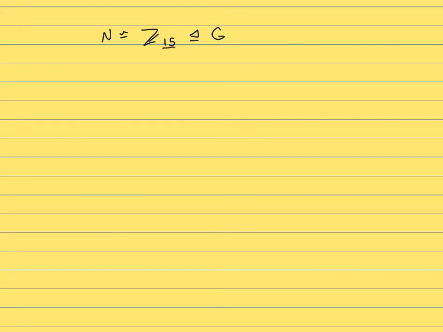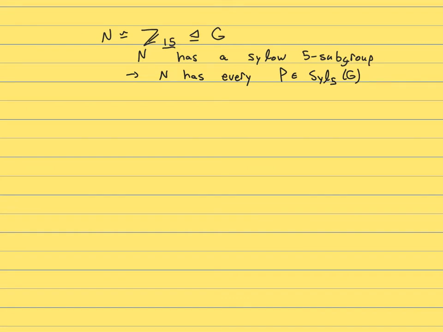Oh look, 5 is one of the divisors, so N has a Sylow 5 subgroup. Moreover, it's a normal subgroup of G, so it's closed under conjugation. So actually N has every Sylow 5 subgroup from G, because it has at least one of them.